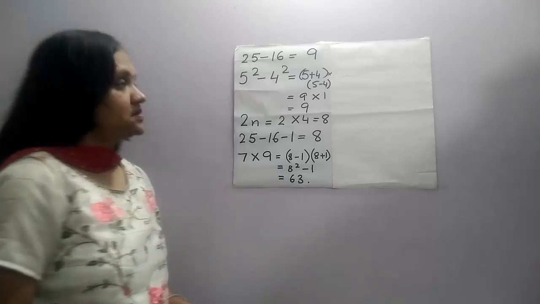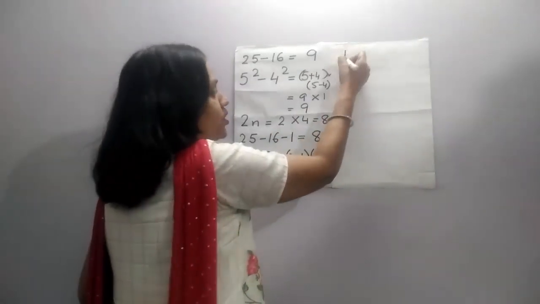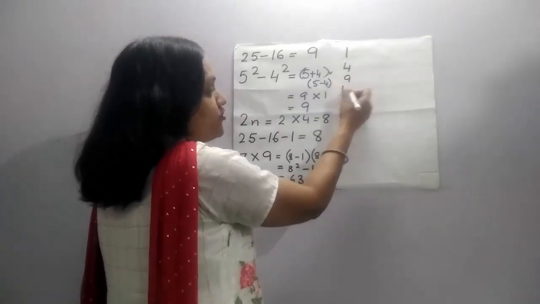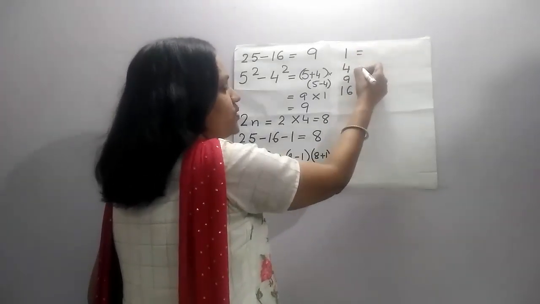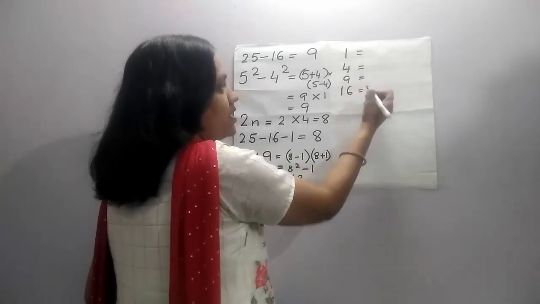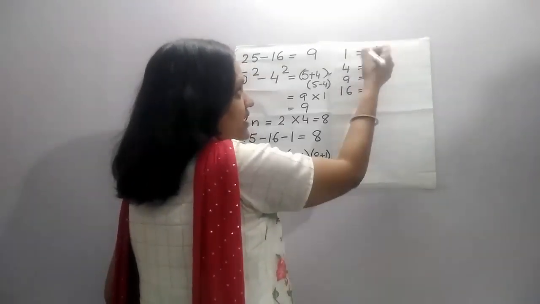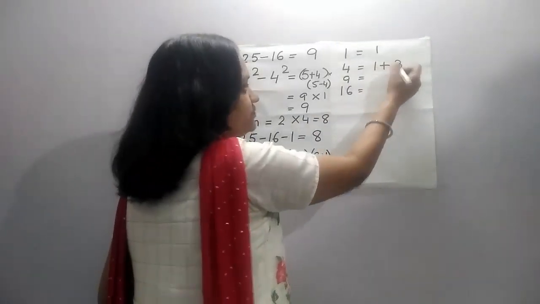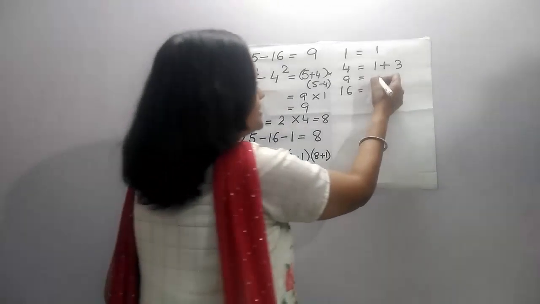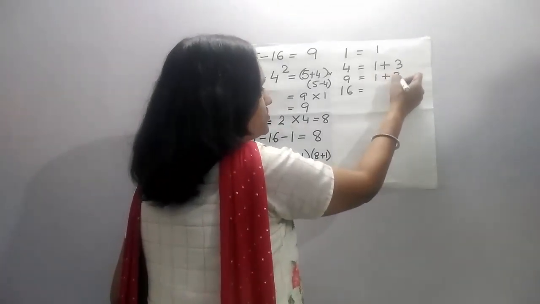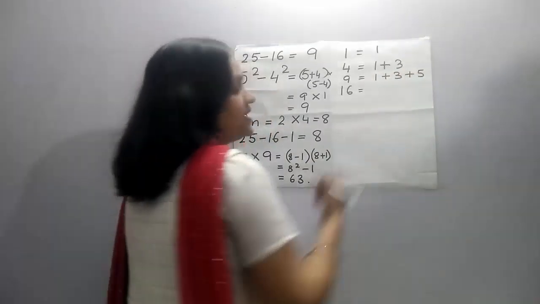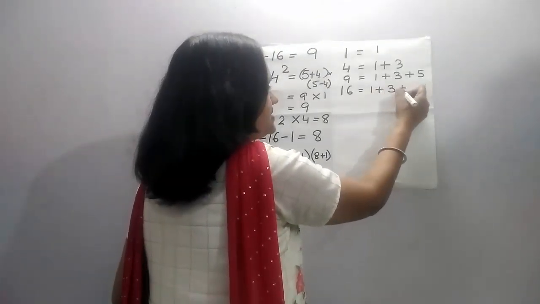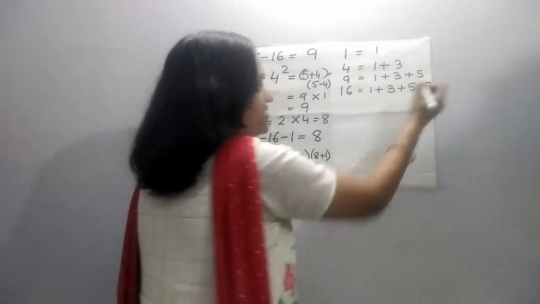Okay, we have studied that 1 square is 1, 2 square 4, 3 square 9, 4 square 16. You can see that 1 is 1, 4 can be written as 1 plus 3, 9 can be written as 1 plus 3 plus 5, 16 can be written as 1 plus 3 plus 5 plus 7.